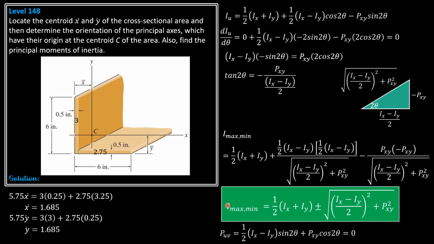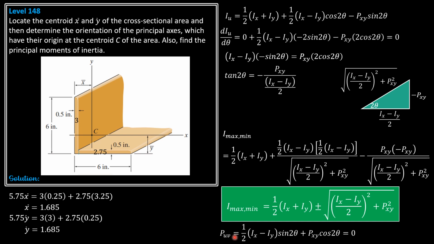That means that the product of inertia with respect to the principal axis, where we can find the maximum and minimum moments of inertia of area, is 0, so it is actually an axis of symmetry. Remember that when the area has at least one axis of symmetry, the product of inertia is 0.